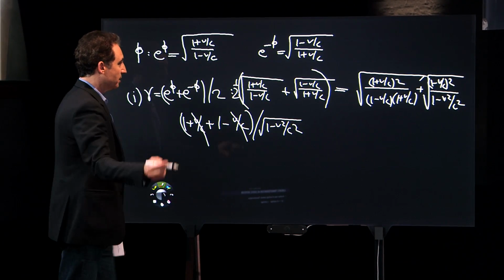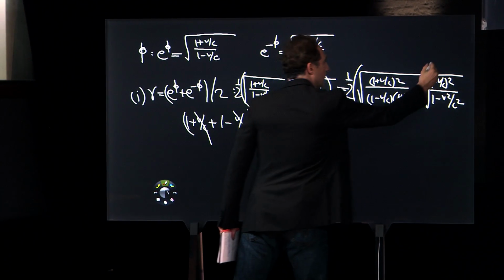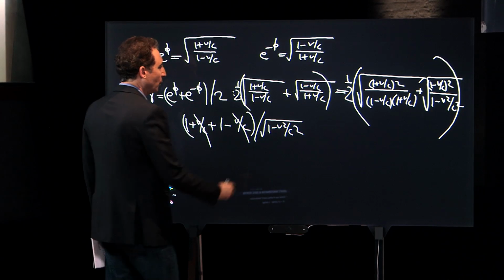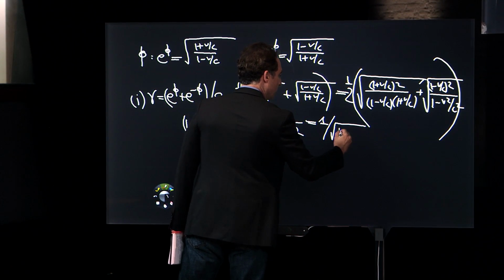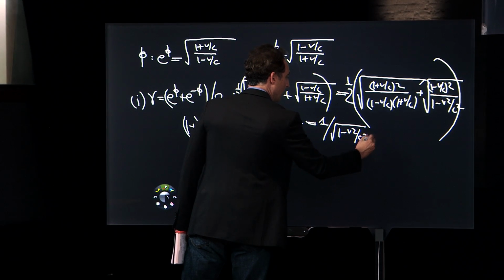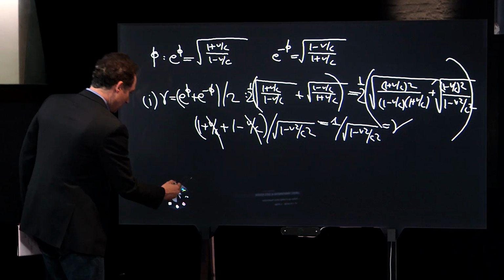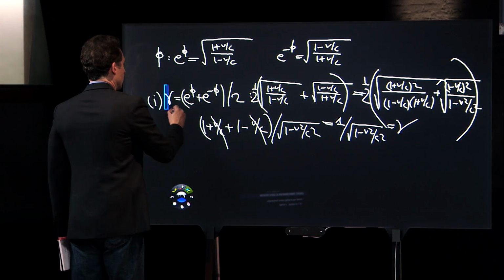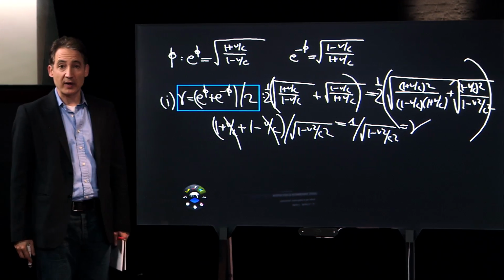We get 2 here, but bear in mind there's a factor of 1/2 that I should have carried over. So with that half, that factor of 2 turns into 1, and we are left with 1 over the square root of 1 minus v squared over c squared, which of course is our friend gamma. So indeed, we've now established part 1 of this little calculation, that gamma can be written in this way, e to the phi plus e to the minus phi over 2.